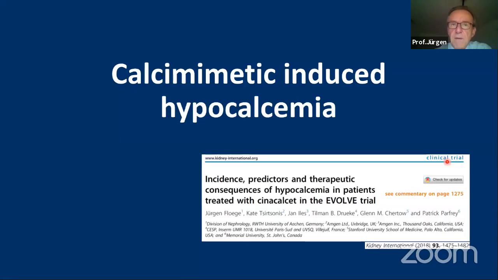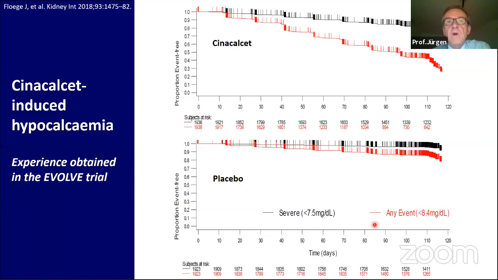What about the hypocalcemia that I have mentioned repeatedly? Here's a study that we did based on the EVOLVE trial. In EVOLVE, we had tested cinacalcet versus placebo to control secondary hyperparathyroidism. And what we noted is every dot, every little bar here is a hypocalcemia event.